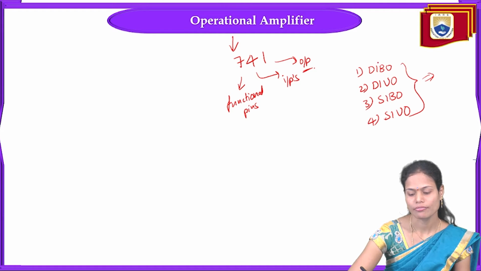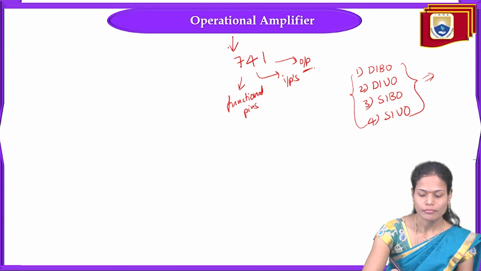We differentiate these 4 configurations depending upon how many inputs we provide for the amplifier and how we measure the output. We either measure at a common point of 2 collectors, or at a single collector terminal of the amplifier.